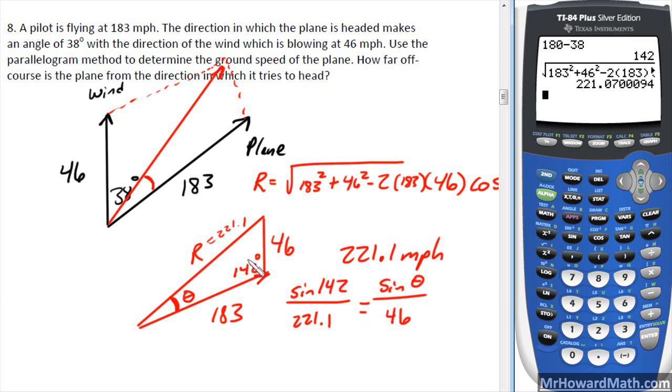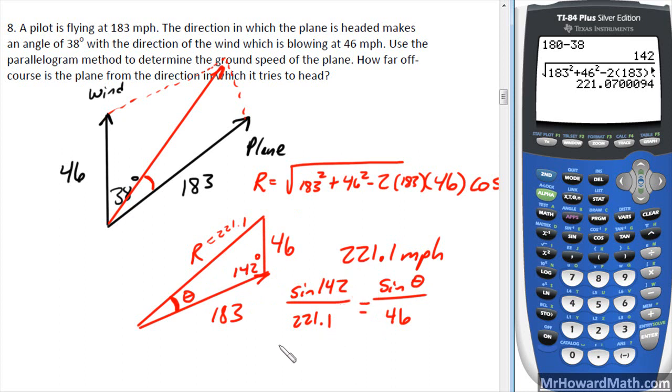And if you notice, I'm finding the angle for the shortest side, so I don't have to worry about an ambiguous case here, because I don't have to worry about solving a second triangle. Whatever acute angle this gives me, that's going to be the right one. It's not going to be 180 minus that.